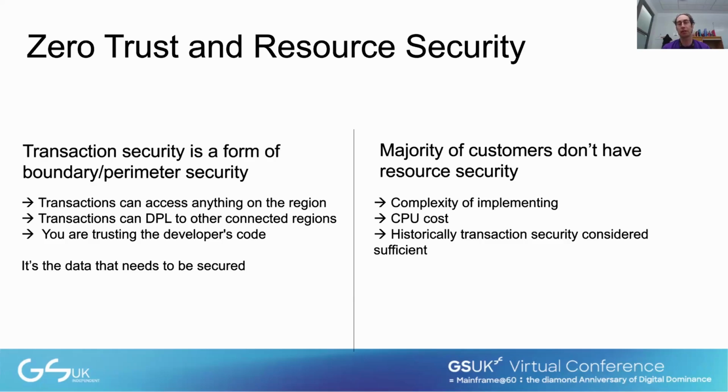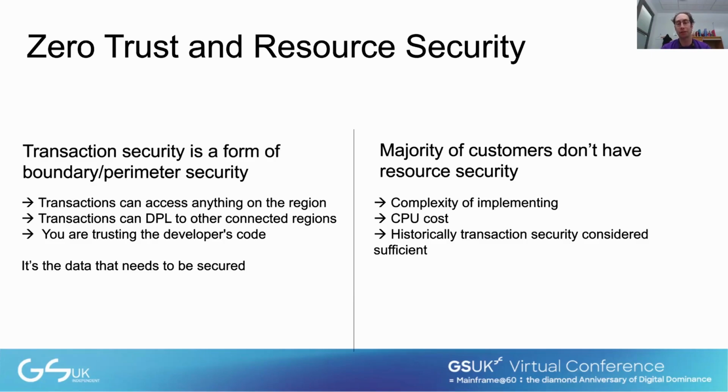But we also recognize that most of the customers don't have resource security, for a variety of reasons. So complexity of implementing, there's a lot of different options to turn on, particularly when it comes to the general resource class covered by the XRES SIP parameter. Because if you've got that active, then suddenly you need to have definitions for everything that it covers, not just one single type of resource that you get with, say, programs or file security.